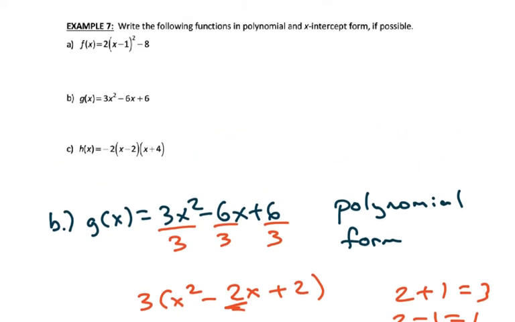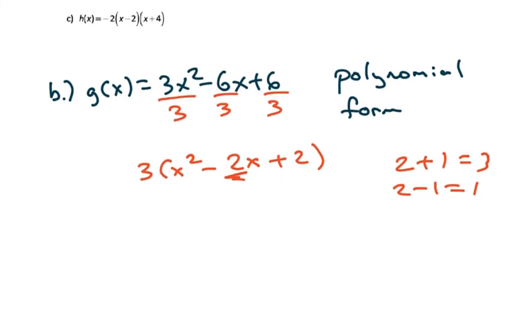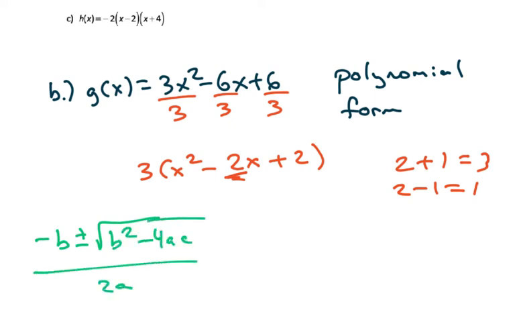So there's no x-intercept form. You could find the x-intercepts by doing the quadratic formula. Remember the quadratic formula is -b plus or minus square root b squared minus 4ac, all over 2a.